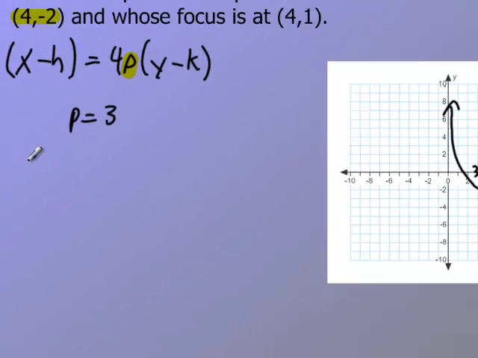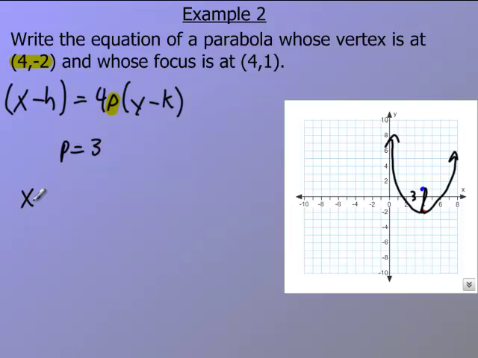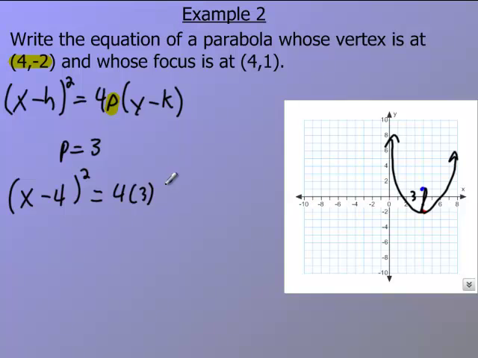So now it's just a matter of substituting in our values. So I'll have x minus h, so minus 4. Oh, and I did forget to put the square, so let me go ahead and fix that. Equals 4 times 3, and then y minus k, so that's going to become plus 2, like so.